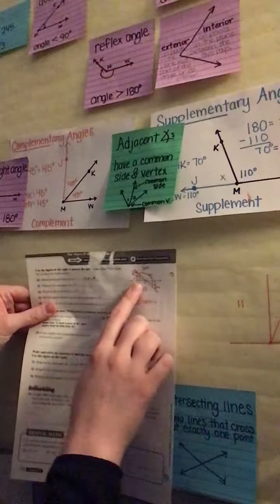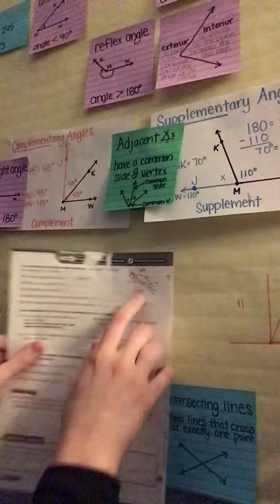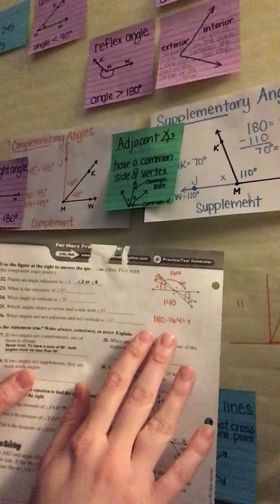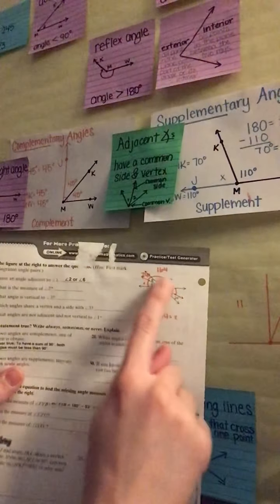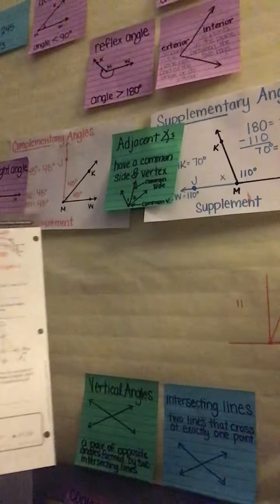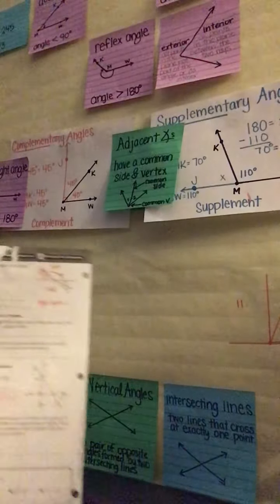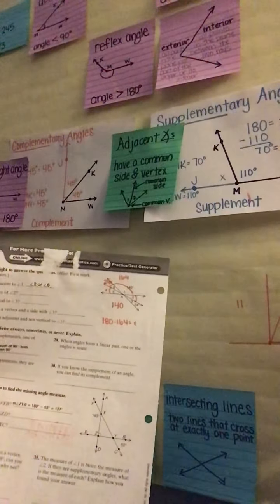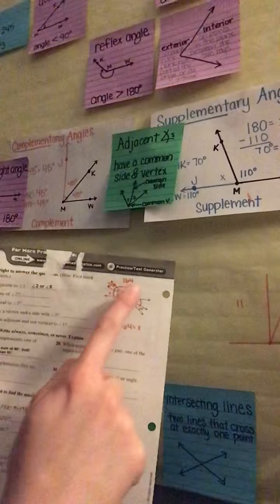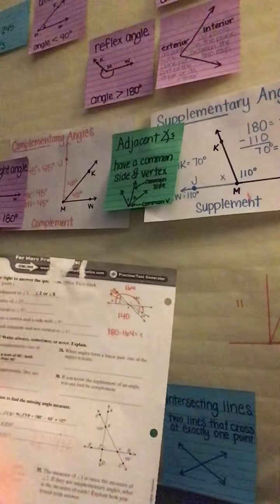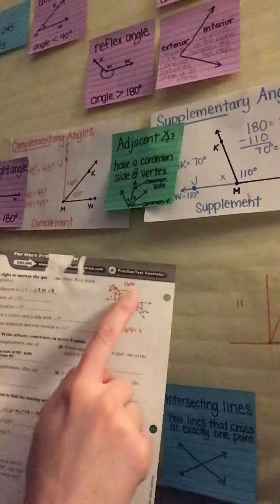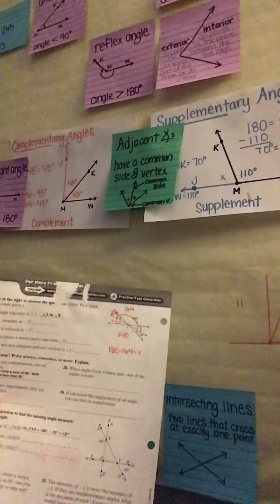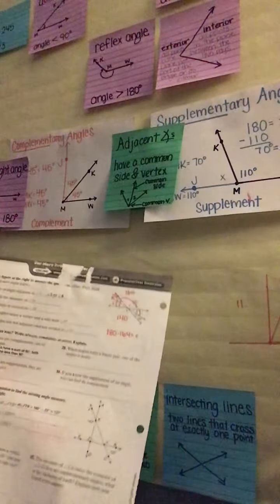But just keep looking. Put your pieces together. It's just really hard to see. So make sure you're looking for those vertical angles and look for your opposites. And then that way you can help yourself figure these things out. 5 and 2 are equal. 3 and 6 are equal. 1 and 4 are equal, right? They're congruent. Congruent means equal.